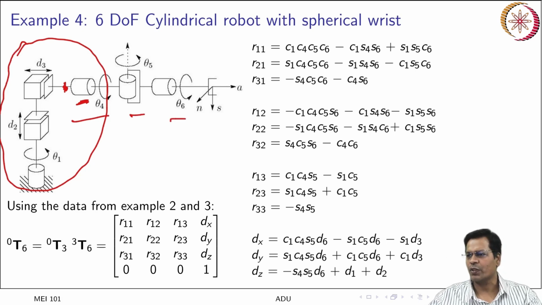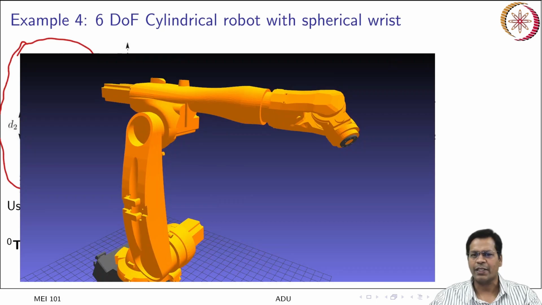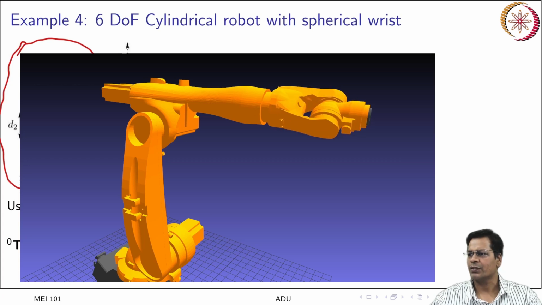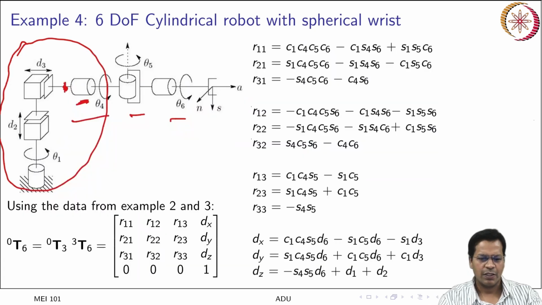So over here it is shown like this. There may be an instance when it can be made exactly like this. So this is all axes. Now axes 4 and 5 are collinear. Got it? So it becomes like this approximately. Okay, so you got it. So this is how it is drawn over here. So it is axis 4, this is axis 5, this is axis 6.